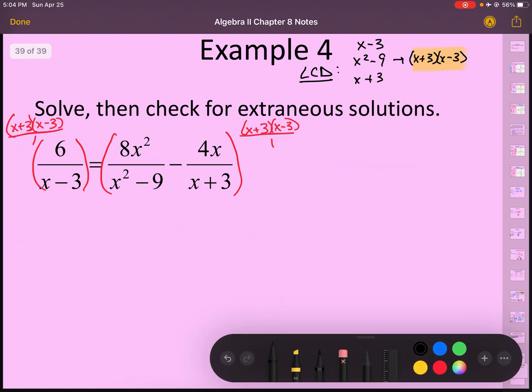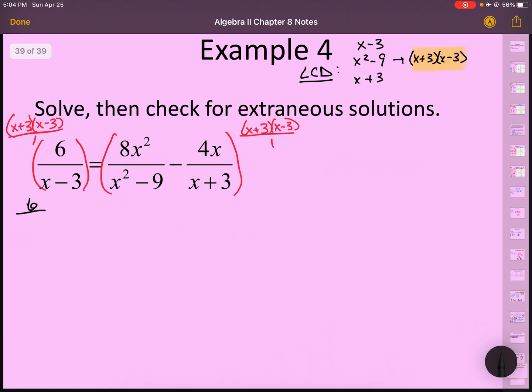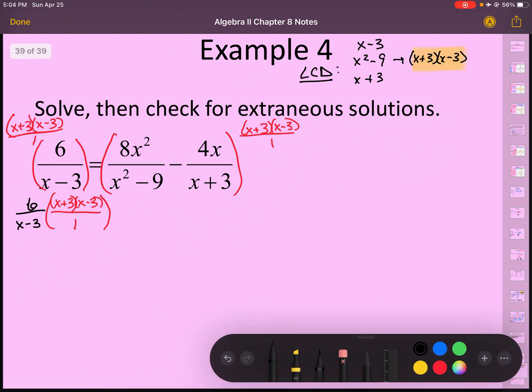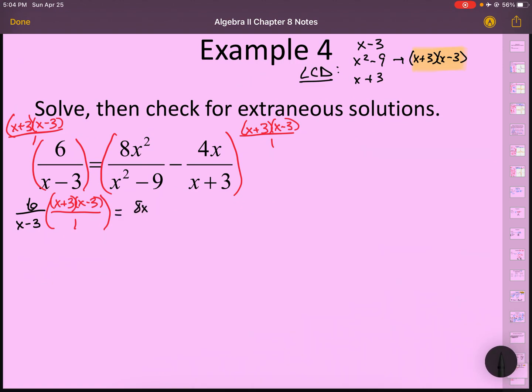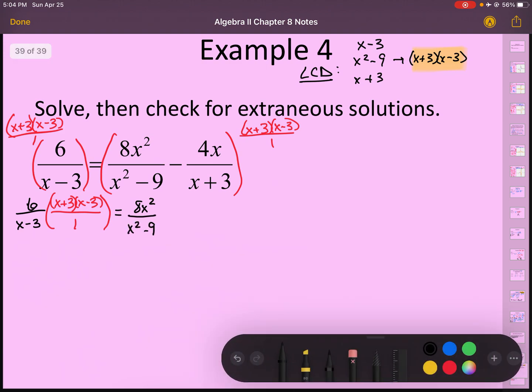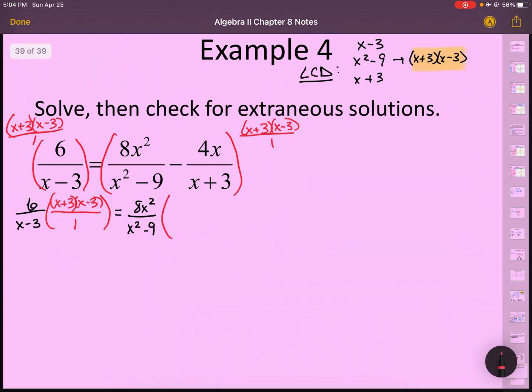So first off, to start it out, this is 6 over x minus 3 times x plus 3, x minus 3 all over 1, is equal to 8x squared all over x squared minus 9 times x plus 3, x minus 3 all over 1.